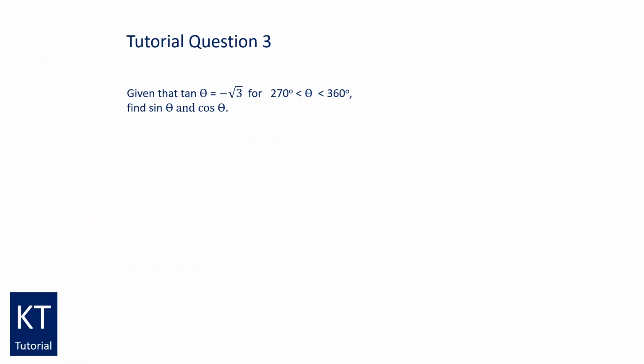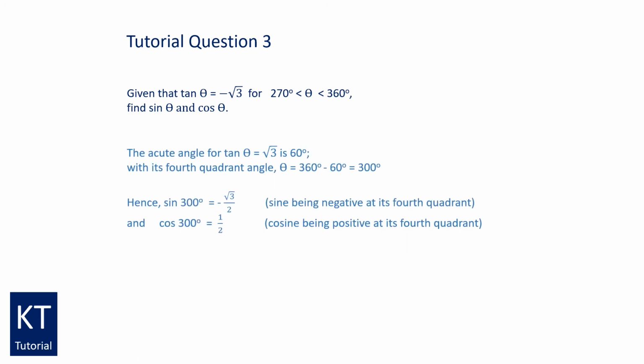Tutorial question 3. Given that tangent theta is minus root 3 for theta being in between 270 and 360 degrees, find sine theta and cos theta. The acute angle for tangent theta equals root 3 is 60 degrees. With the given theta being in between 270 and 360 degrees, which is in the fourth quadrant, it suggests theta is 300 degrees.